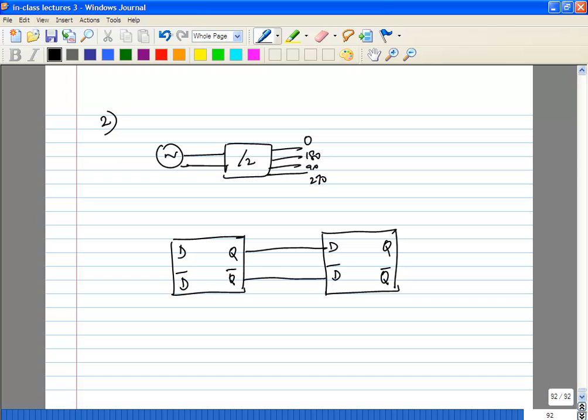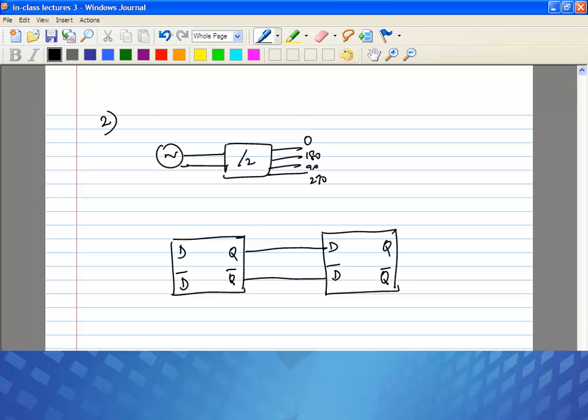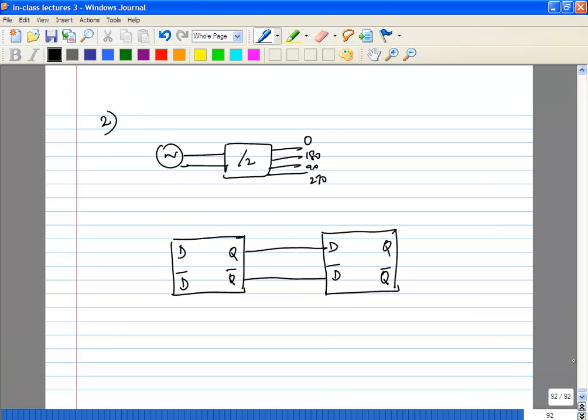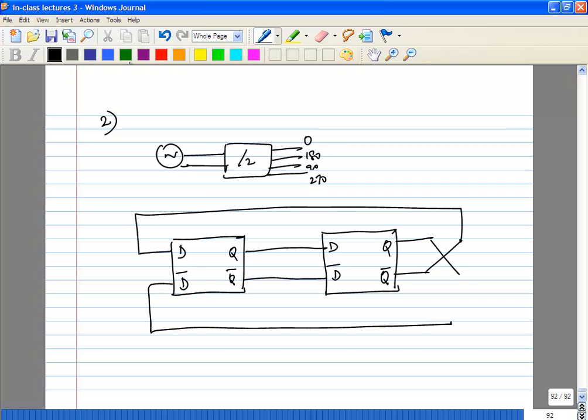To make a divider, you're going to make a counter which counts up to 2. So this is going to give you 0 and 180 degrees, 270 degrees and 90 degrees.